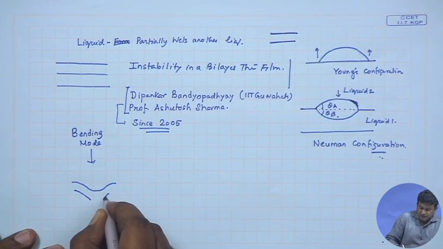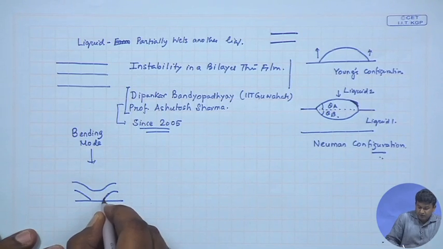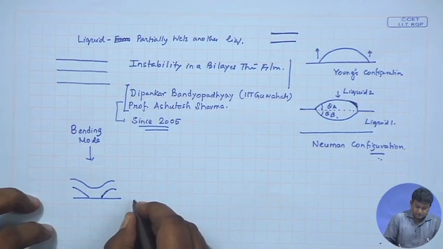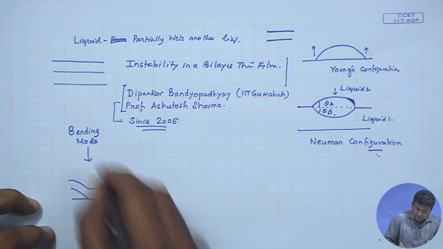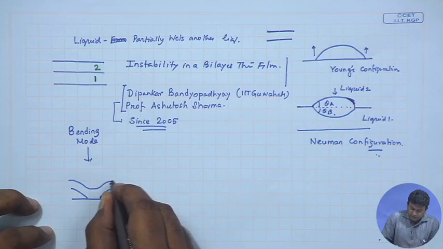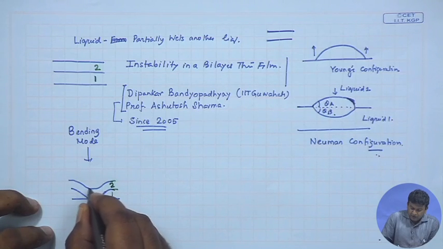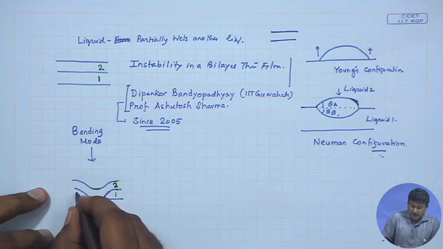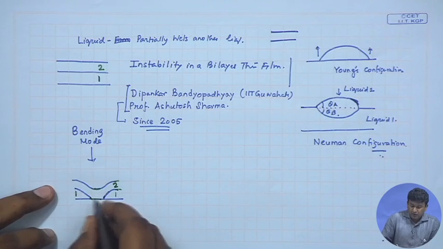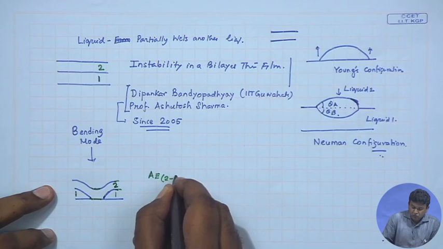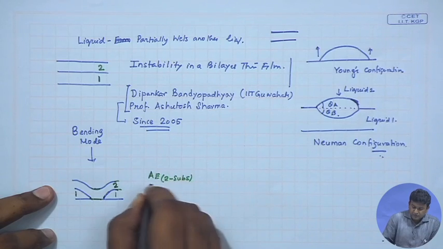you now understand what I have drawn. The bottom layer has ruptured. So, let us mark this as 1, this as 2. So, what happens over these areas, now the film 2 comes in direct contact with the substrate, and again now one needs to look into the sign of the effective Hamaker constant between 2 and the substrate.